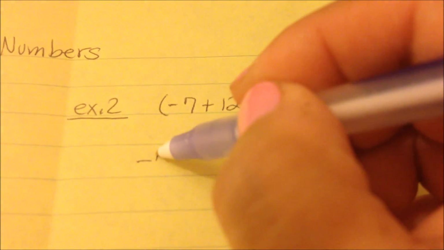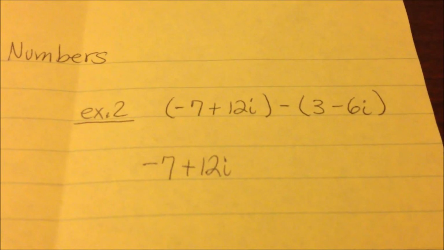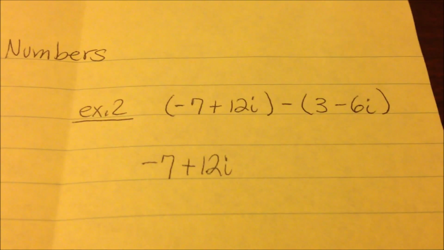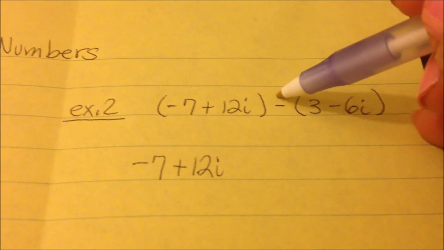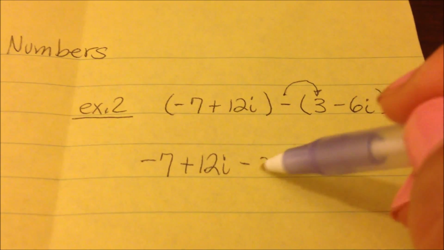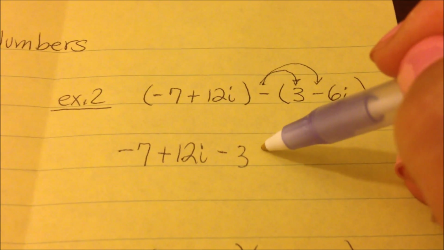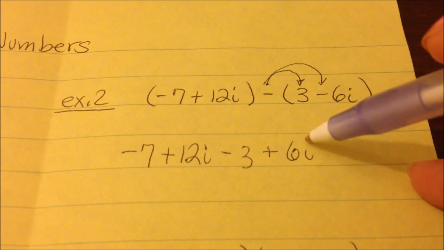So let's go ahead and do that. The negative 7, I'm going to copy that plus 12i, because again, if I distribute the imaginary 1 in front of it, the coefficient, it's not going to affect it. But if I go now to the second part, which is the negative times a positive, that's going to give us a negative 3, and a negative times a negative becomes a positive 6i.